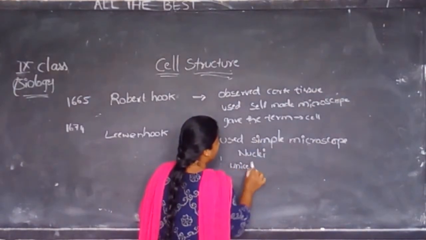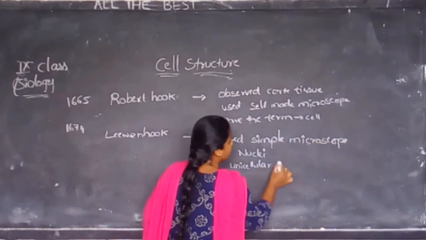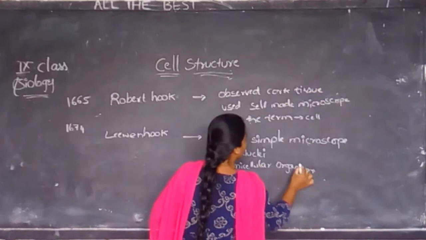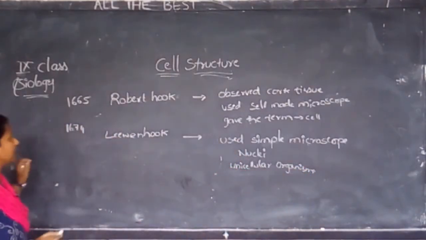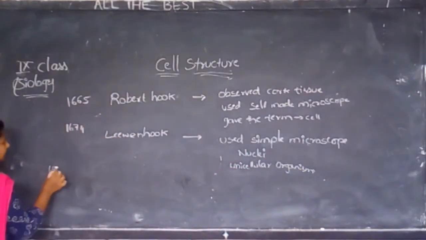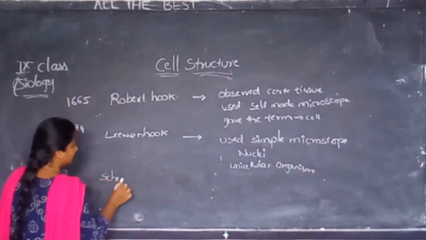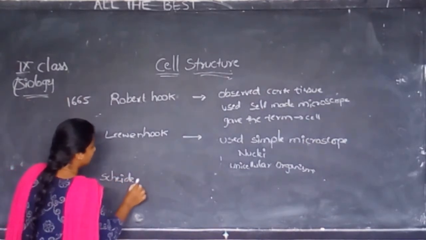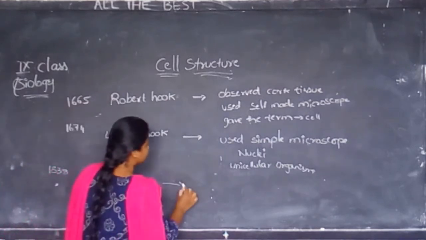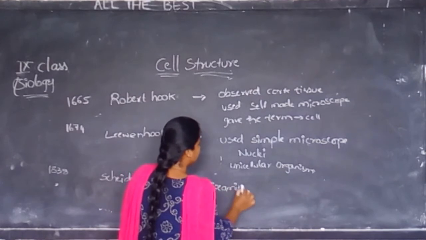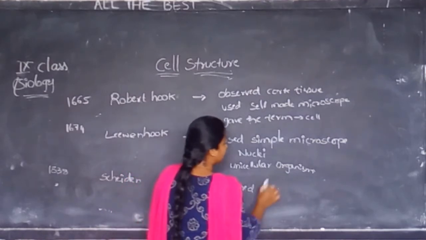Okay. The next one is in 1838, Schleiden. He is the scientist who examined plant tissues.